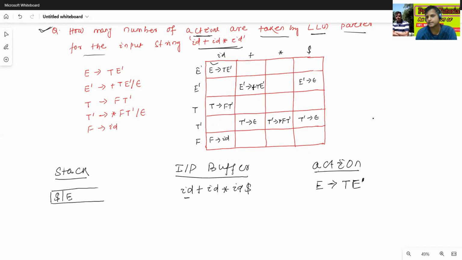This one is the push action. Now we'll push T E prime in place of E. So the stack is dollar, E prime, T.